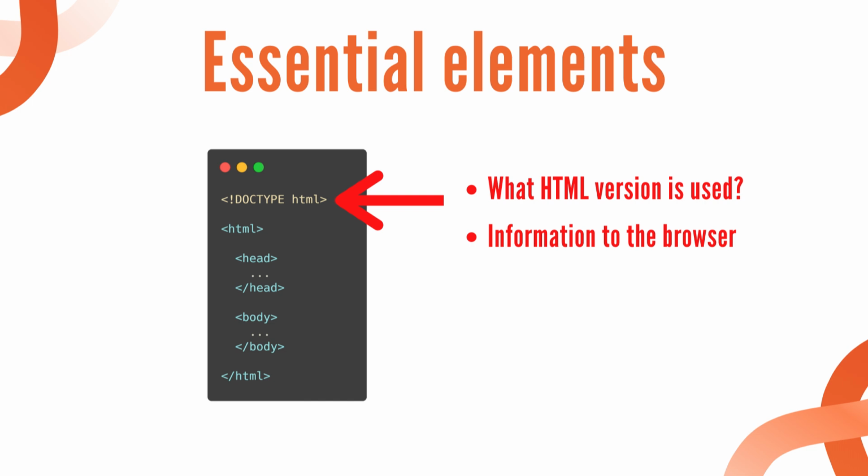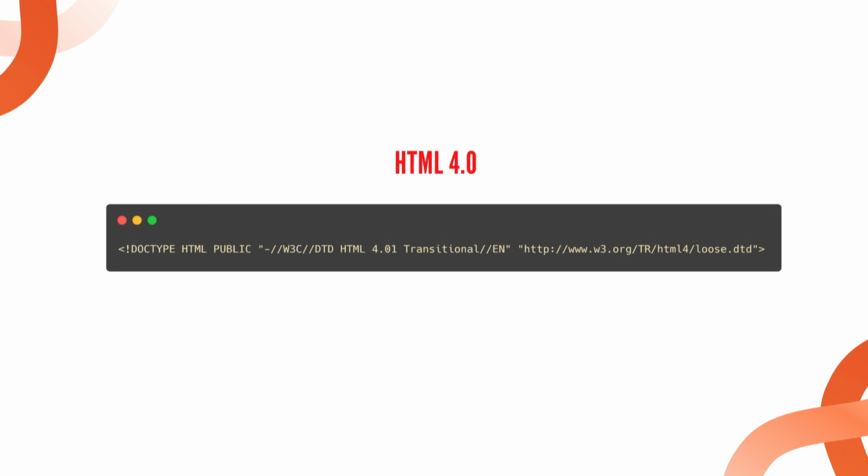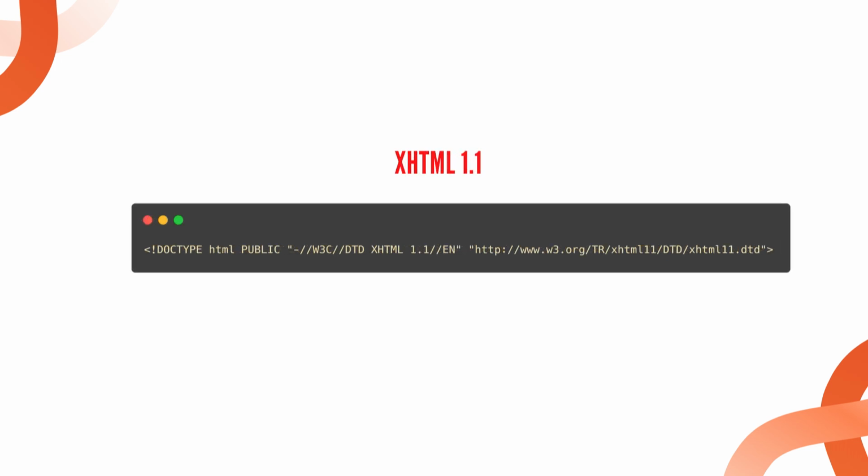This tells the browser what HTML version is going to be used. So it's a way to provide information to the browser. The snippet that you see on your screen is a way to declare HTML5. So we are using HTML5. But if you were to write code that follows HTML4, then the doctype tag would look something different.